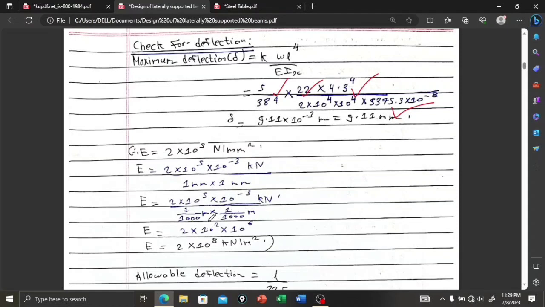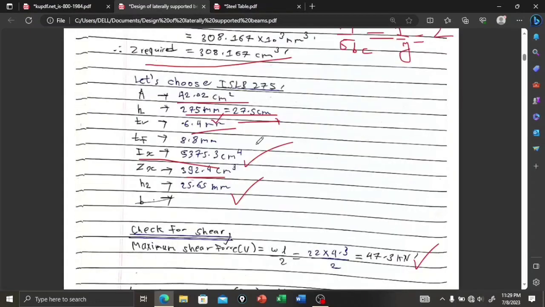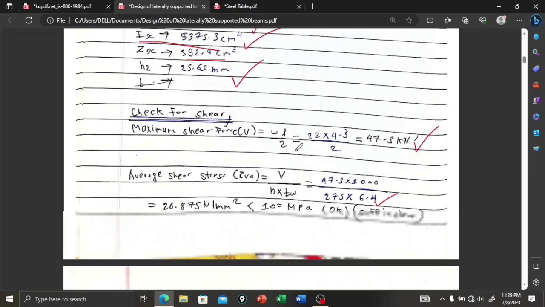So 5 minus 3 is 2, and 6 plus 2 is 8. So E is 2 into 10 power 4 and 10 power 4, and Ixx is 5375.3.